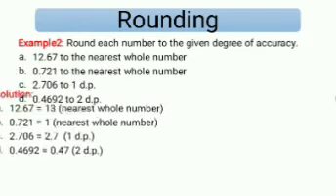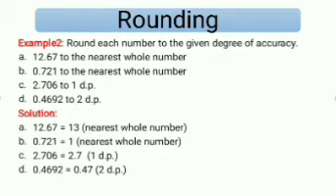Now let's see the solution. First one, we have 12.67. The whole part here is 12, and the decimal part is 67. So we're going to round this one to the nearest whole number.